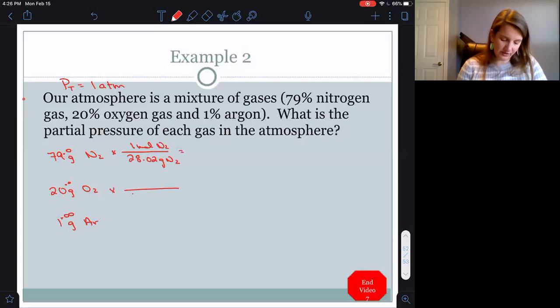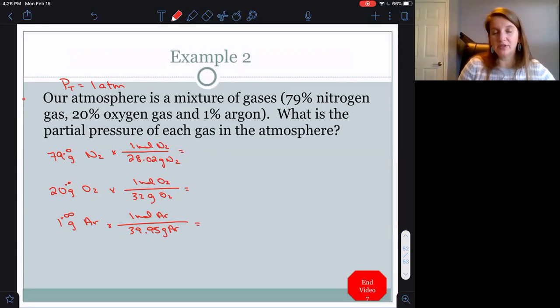So I'm just going to set all of these up first, and then I'm going to go ahead and calculate. Sorry, my moles look funny. It's all there, mol.